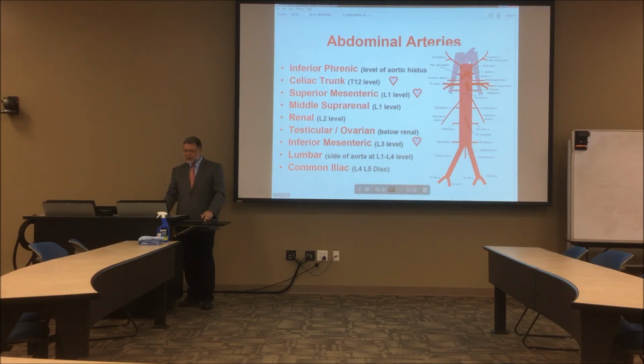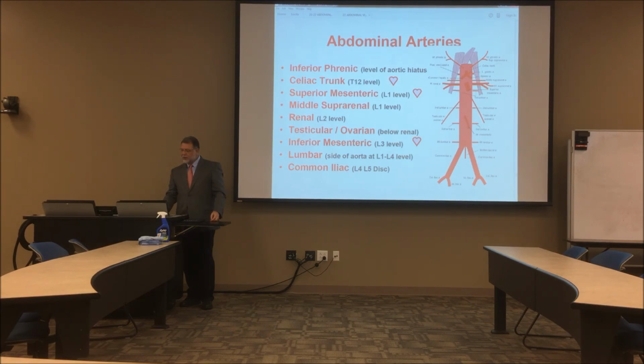So you can see that the inferior phrenic is just at the level of the aortic hiatus, where the entrance of the abdominal aorta coming from the thoracic through the opening in the diaphragm, that's where it's going to be. So you're going to have that inferior phrenic artery, and it gives one to the suprarenal artery.